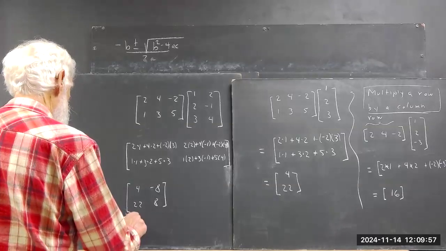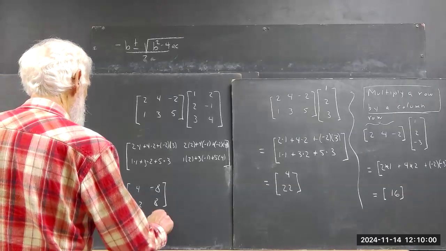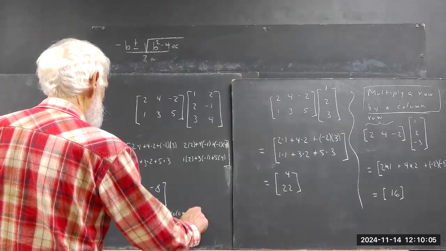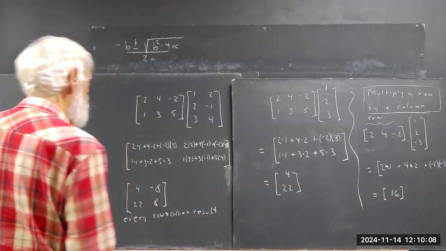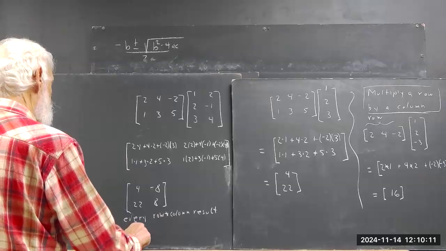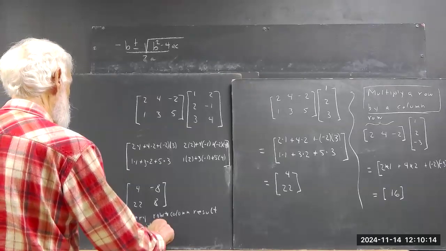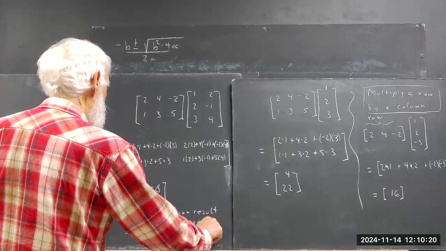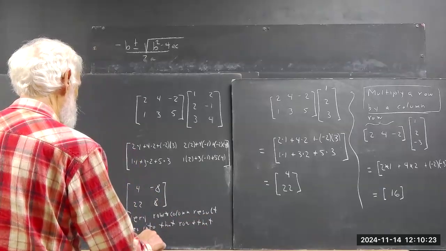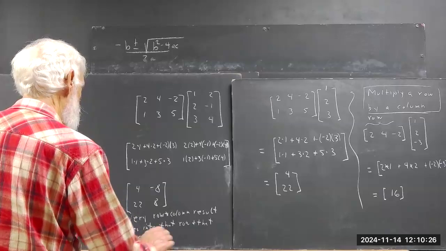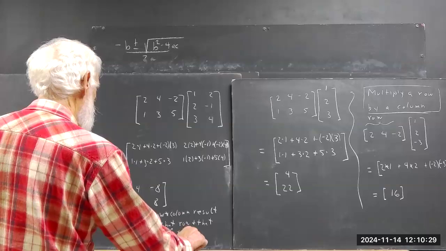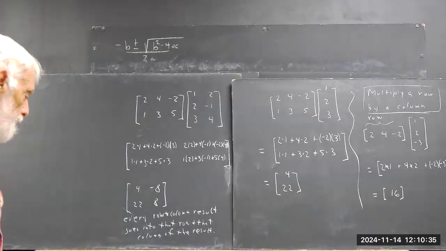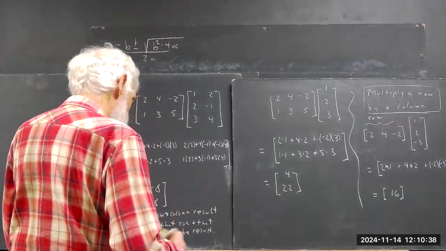I'm going to make that statement. Every row times column result of the, I'll say product, because we're multiplying 2 matrices.